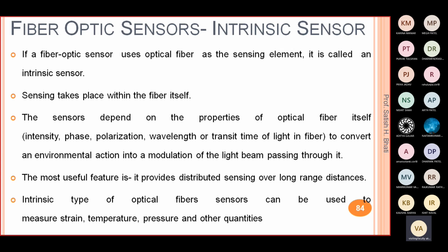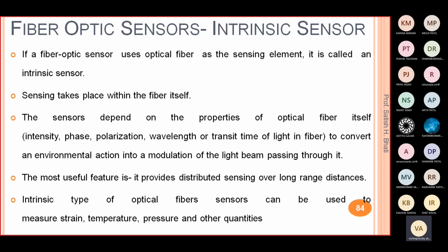This type of sensor depends on the properties of the optical fiber itself, and such properties are like the intensity, phase, polarization, wavelength, or we can select transit time of the light in the fiber. So it depends on these parameters, the sensor will make some changes, and based on that you will find the measured parameter.